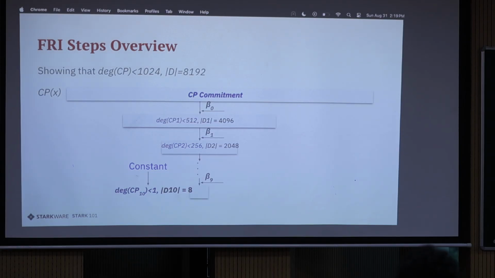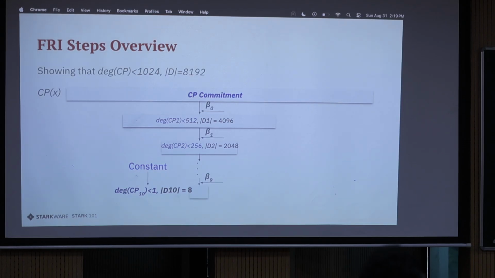So what we do is the verifier gives some beta naught to the prover. The prover takes this polynomial and does something with beta naught and the polynomial. I'll clarify what is done. This whole polynomial is reduced to 4k elements, and if this was degree n, this is now degree n by 2.